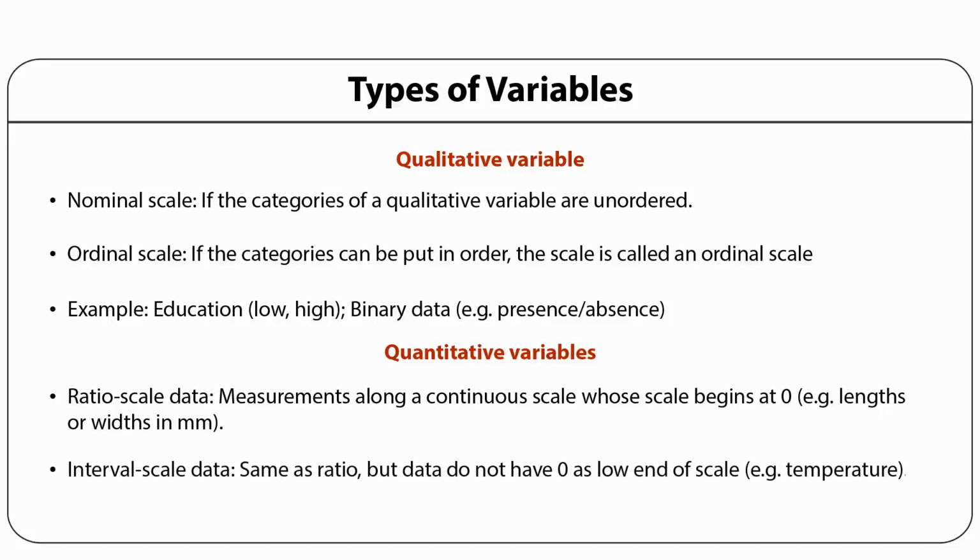But interval scale data is the same as the ratio value, but they cannot have a zero value, such as the number of chairs, tables, or books in a library. There must be some value for the number of books procured in that year. Similarly, temperature data, if you are measuring what temperature you have within the library.